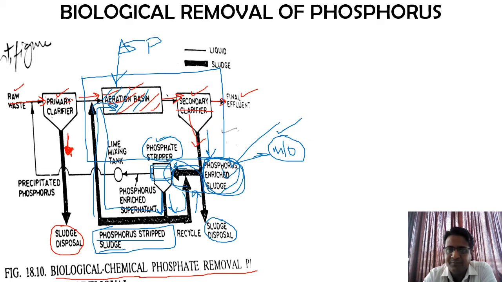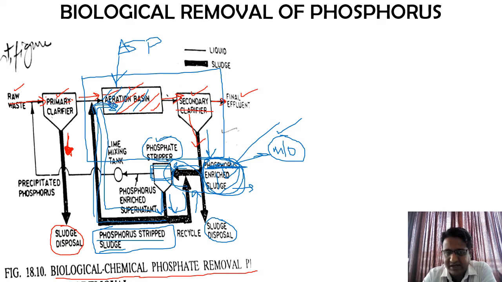We want to remove this phosphorus so that I will be left with oxygen enriched, or activated microorganism enriched, sludge. The same is circulated back to the aeration tank, and the same cycle continues.